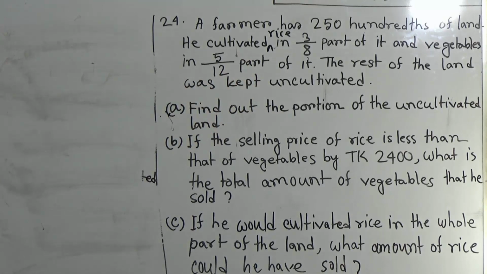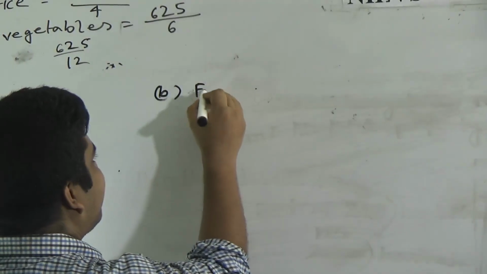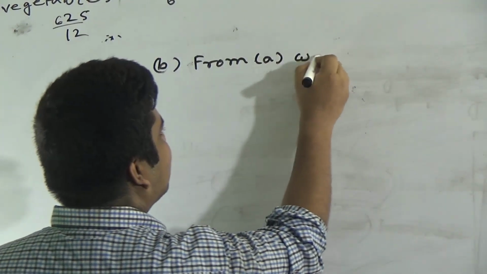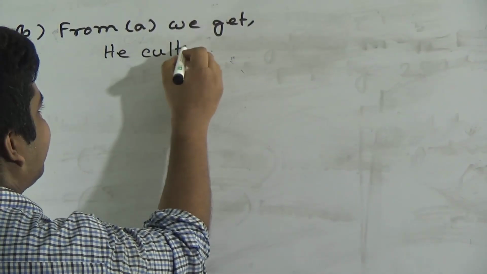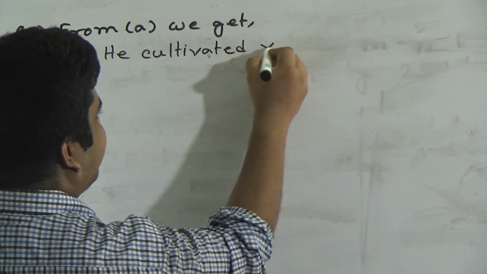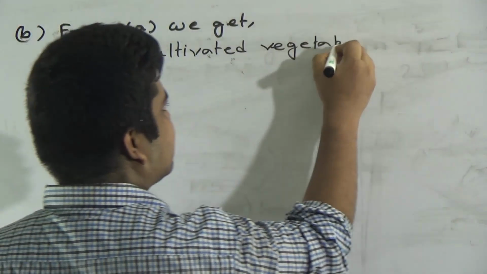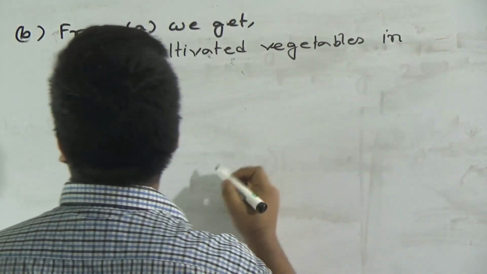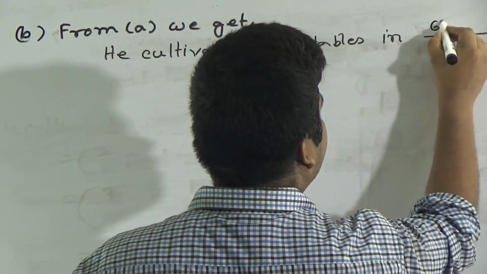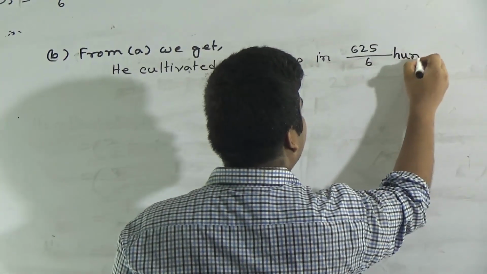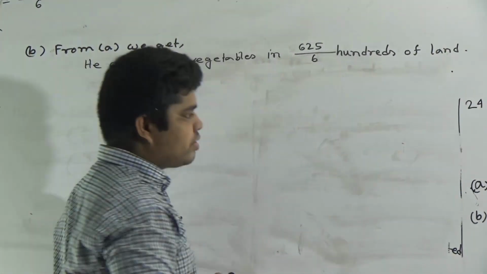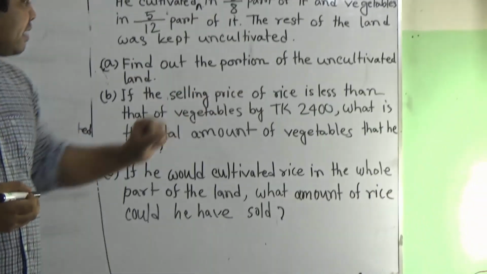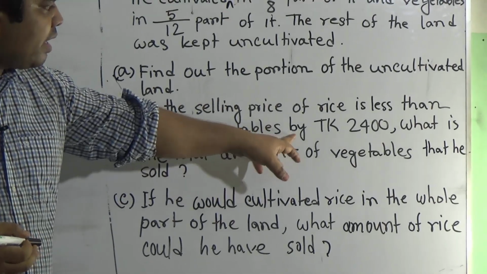Okay, so first of all write, from A we get, he cultivated vegetables in 625 by 6 hundredths of land.